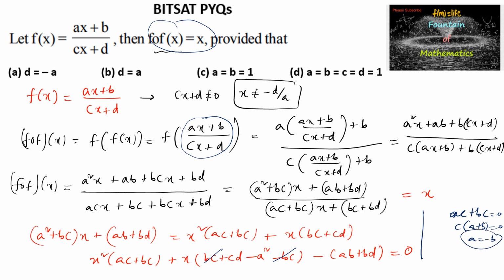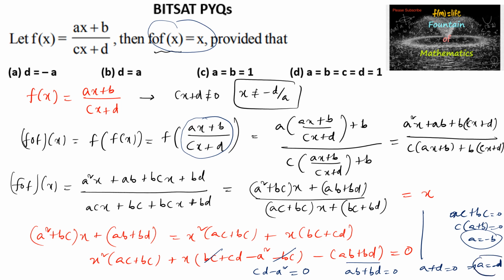And similarly the coefficient of x here, cd minus a square is equal to 0. And in the constant term, ab plus bd also must be equal to 0, that is a plus d equals 0 by taking b common, so a is equal to negative d.